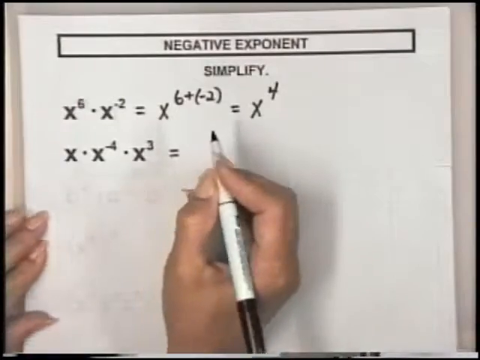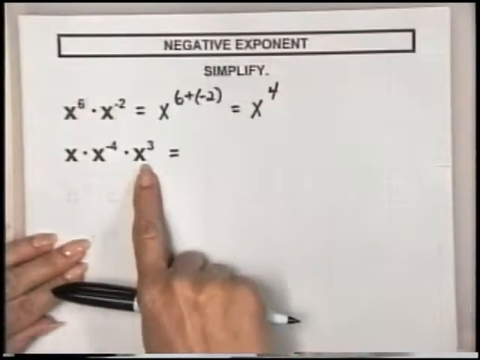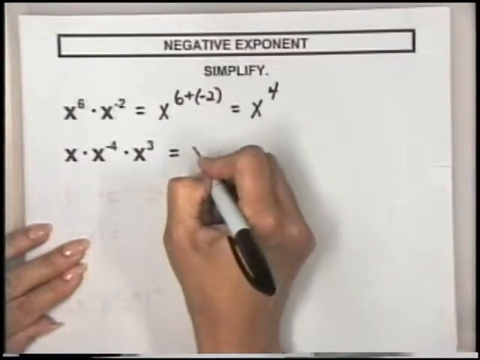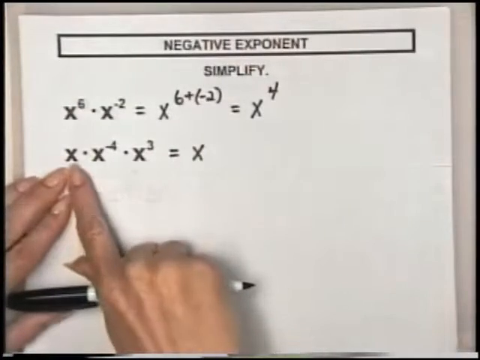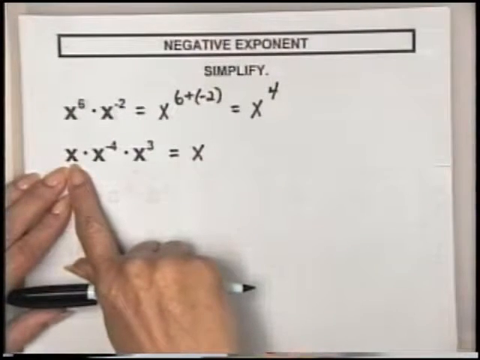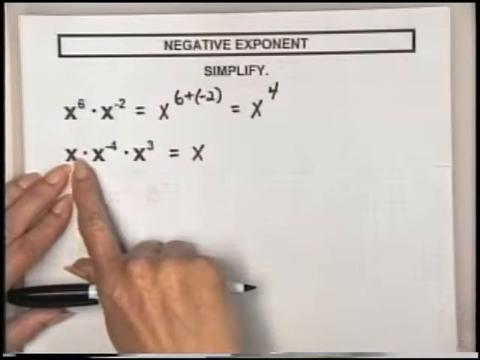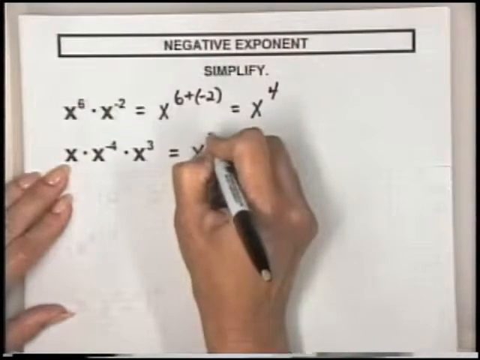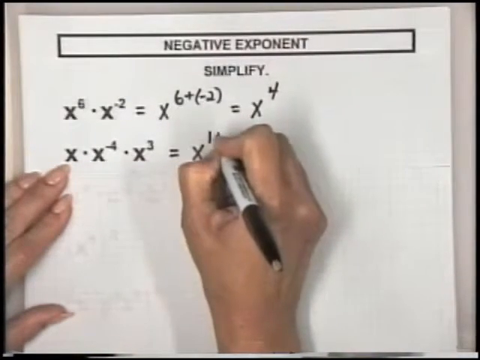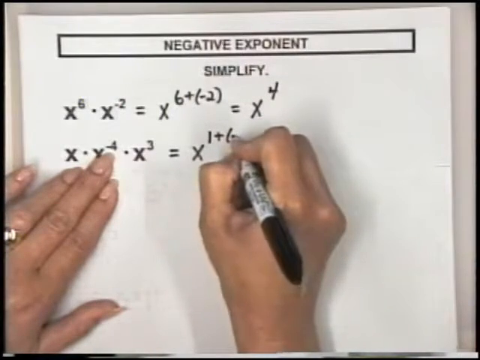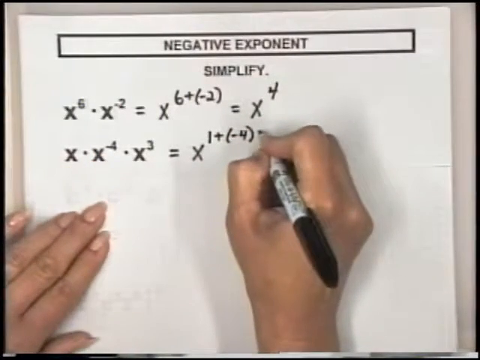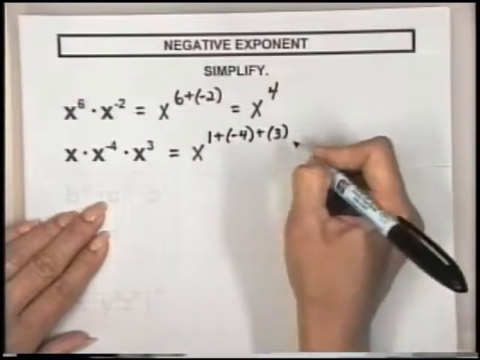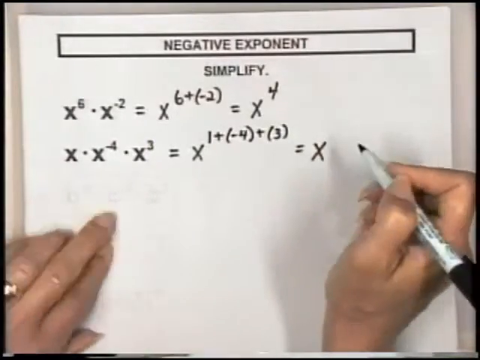Let's look at this next problem. Once again, I am multiplying like bases, so I know that I need to add the exponents. What's the exponent understood to be on this x? It's understood to be a positive 1, isn't it? So I'll say 1 plus negative 4 plus 3.